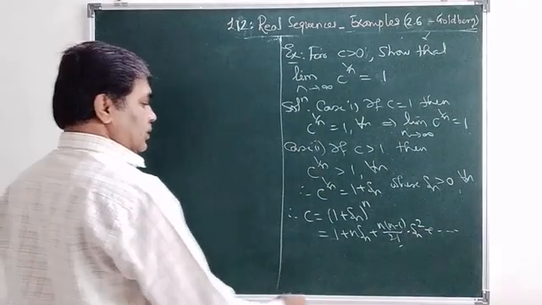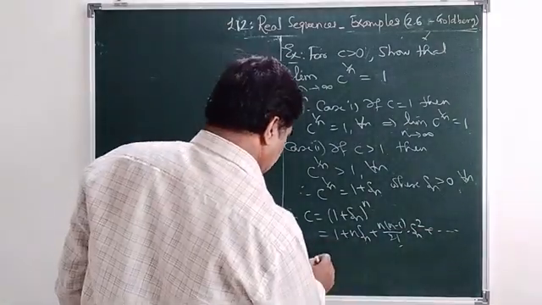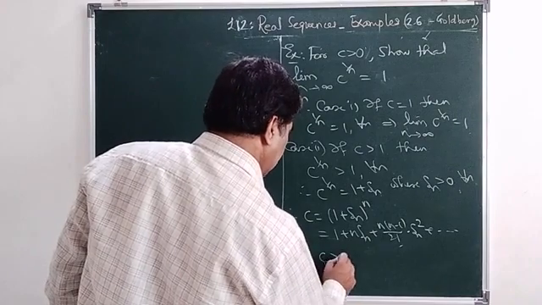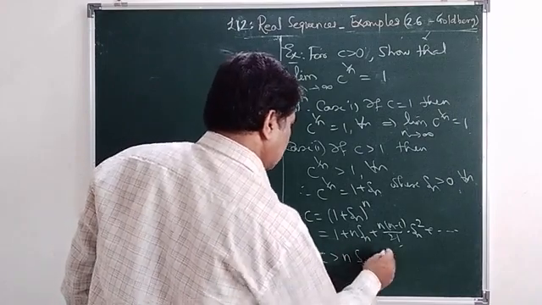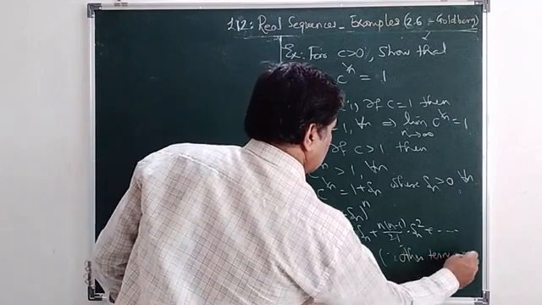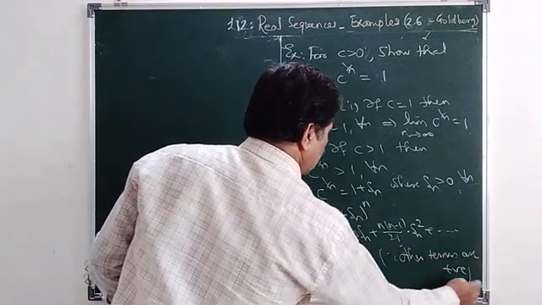Okay. Now, these terms are positive. Therefore, c is greater than n Sn, since other terms are positive in the expansion.